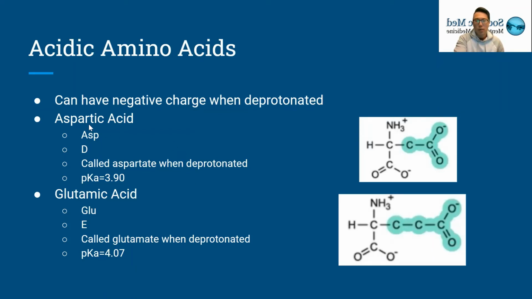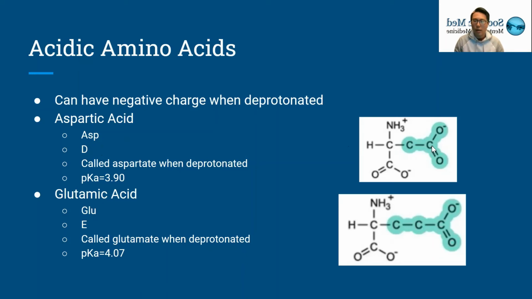The first one is aspartic acid, ASP, and the one-letter abbreviation is also weird. They're running out of letters, so they use D. And this on the right is the deprotonated form, as you can see, the O minus in the green circle.